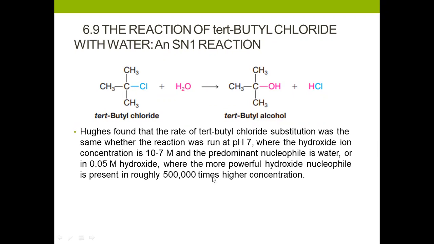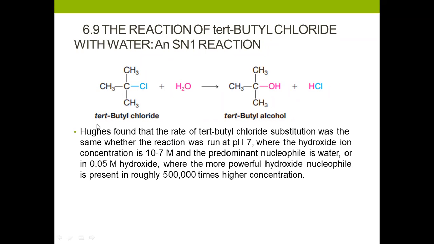Therefore, they concluded that this reaction is not dependent on the concentration of water, because water can dissociate to form hydronium and hydroxide, and changing the hydronium and hydroxide ion concentrations does not alter the rate of the reaction. So the reaction is not dependent on water or the concentration of hydroxide ion in solution.